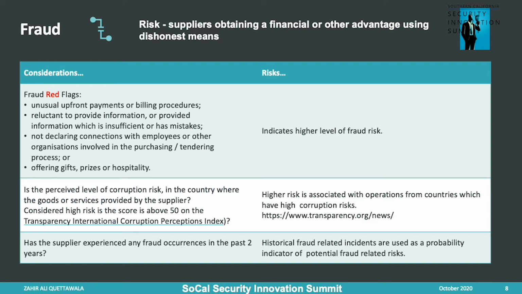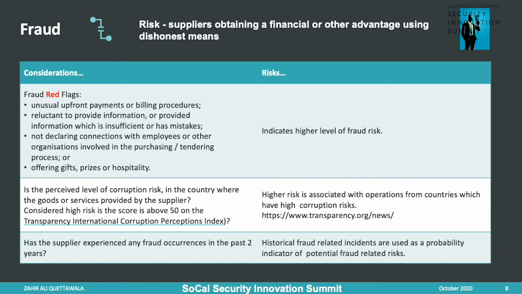So if you realize that there are some upfront payments or billing procedures which are unusual, or the supplier is reluctant to provide information, or they are providing invoices or documents which are either delayed or have multiple mistakes, or maybe they are avoiding telling you their clients list, or they are not declaring which countries they are engaged with besides us, or maybe they are offering too many prizes and gifts, or lots of incentives, then it's just a red flag.